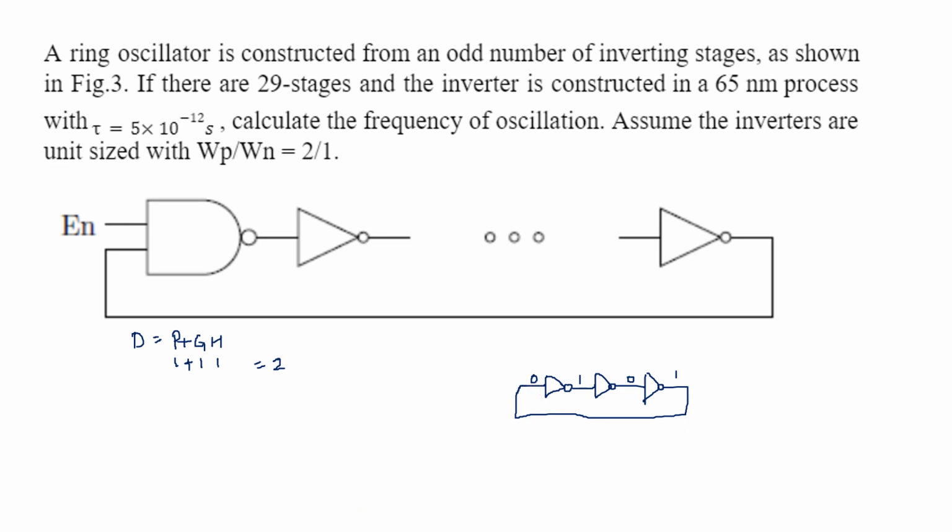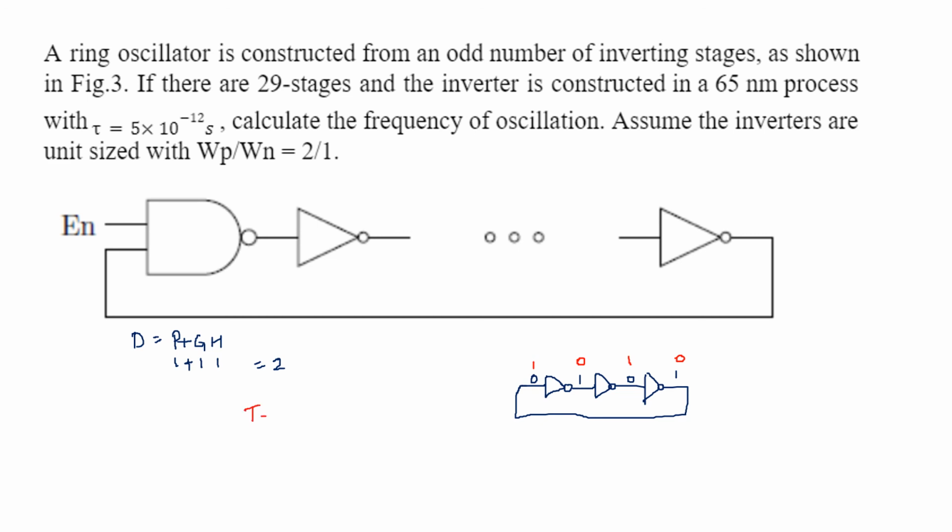So now this will be 1, 0, 1, and 0, and this forms one period, right? So two times passing through these inverters forms one period. Now there are 29 inverters, right? So if something passes through these inverters two times, then it forms one period.